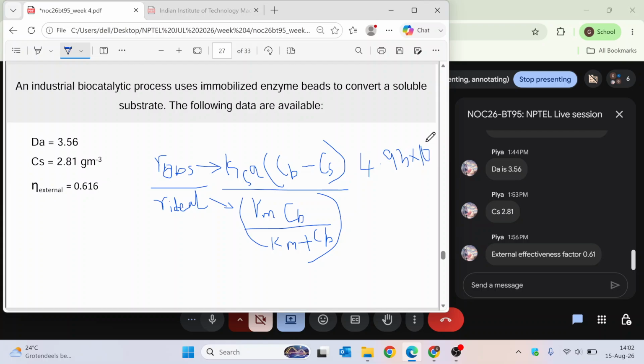Similarly, when you substitute all the Vm, Cb and Km values here, your ideal rate is going to be 8 into 10 to the power minus 3, again grams per meter cube per second. So be careful with the units. Don't miss the units here. Obviously, you're going to find the ratio, but the unit should be the same before you find the ratio. And with this, you end up getting your external effectiveness factor as 0.616.